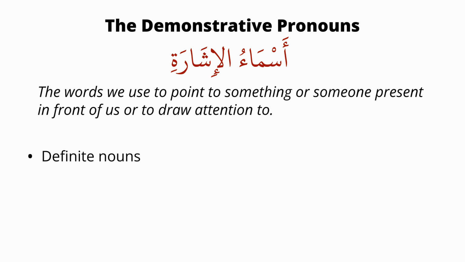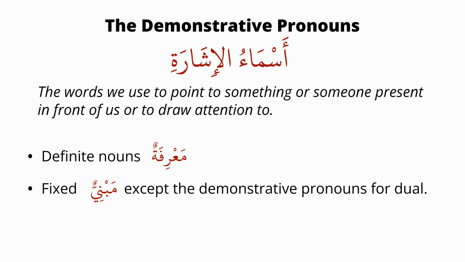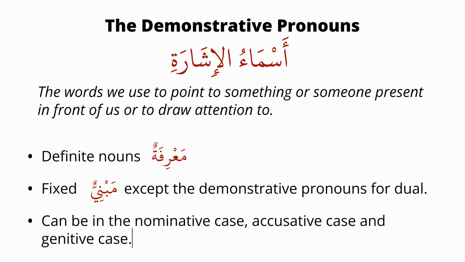Number 1, these are definite nouns, meaning these are ma'rifah. Number 2, these are fixed, meaning mabni, which means they do not change their case except the demonstrative pronouns used for dual nouns. Number 3, these can be found in all of the three cases, that is, the nominative case, the accusative case, and the genitive case.